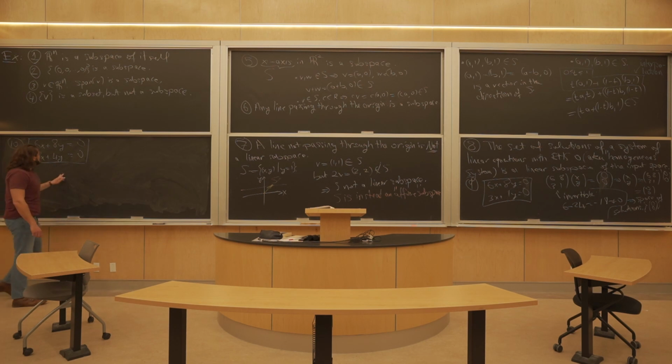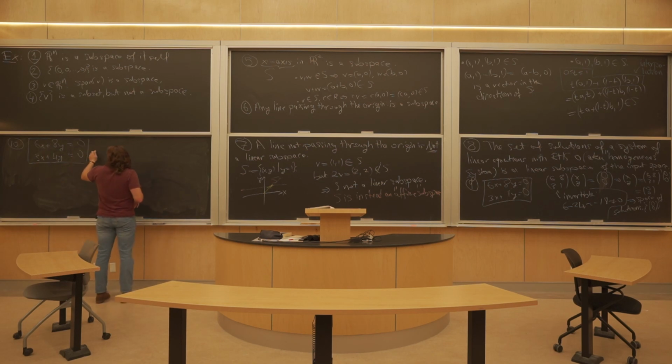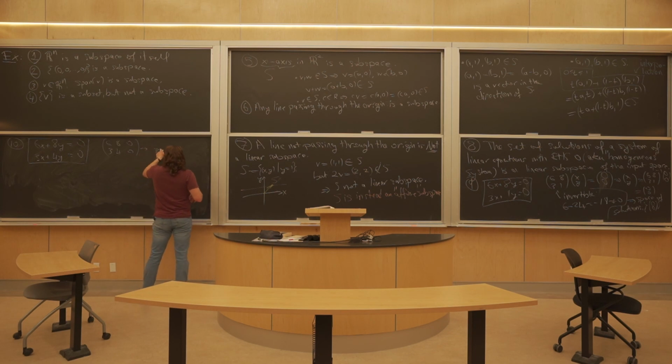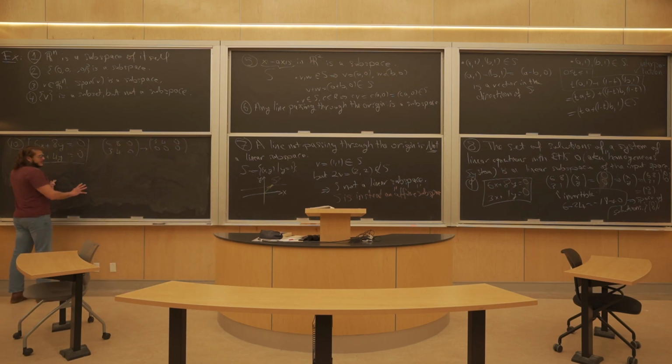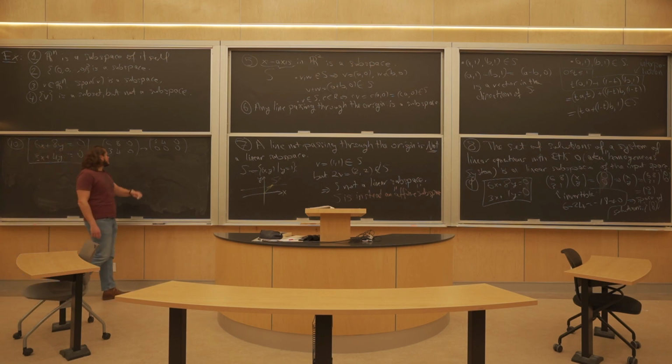But what I can do is I can realize that the second row, rather, the first row is twice the second row. And so, or let me just do row reduction. In fact, I can do this. Okay. And cashing out the solution, this says that 3x plus 4y equals 0, right?